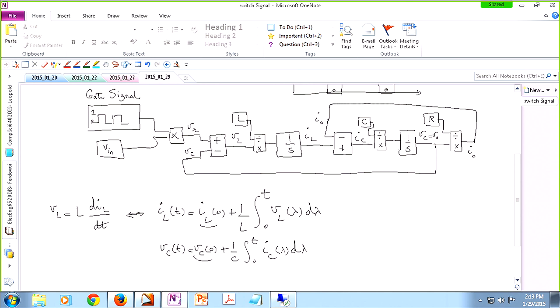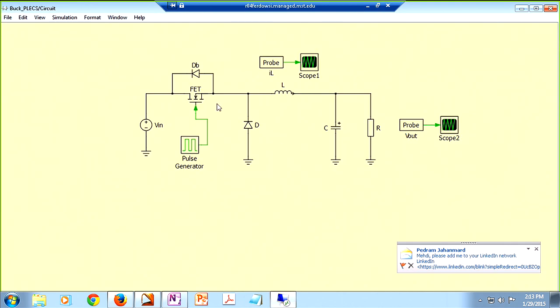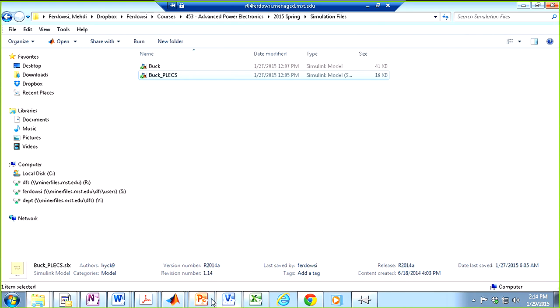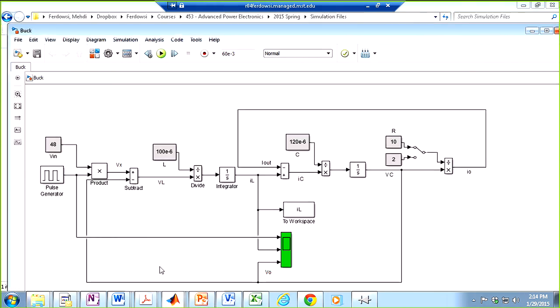So what you see here on the screen is exactly what I have over here as my Simulink block. All right, it's the exact same thing. Over here, as you can see, I have this input voltage of 48 volts.